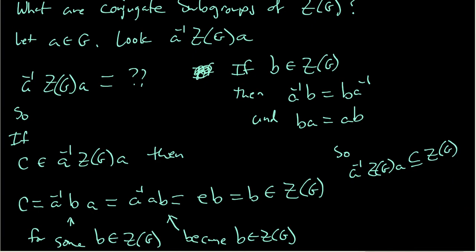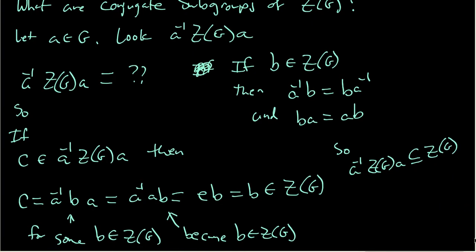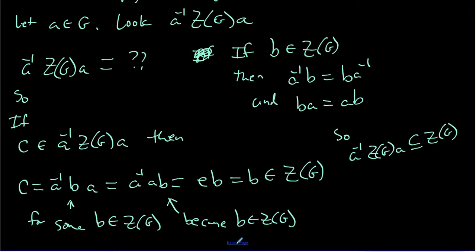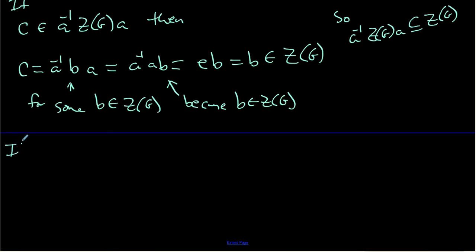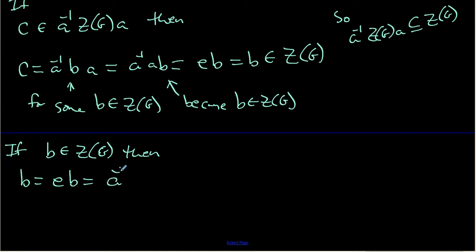Well, it doesn't take a whole lot to realize that the thing goes the other way. So let's get that done as well. If I take something inside the center of my group, then we can write things this way. B will be equal to E times B, and that E can be written as A inverse times A times that B. And now because B is in the center, we can swap the order of these two elements.